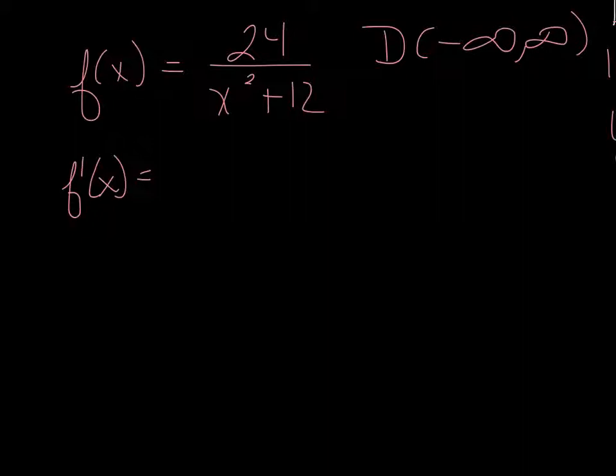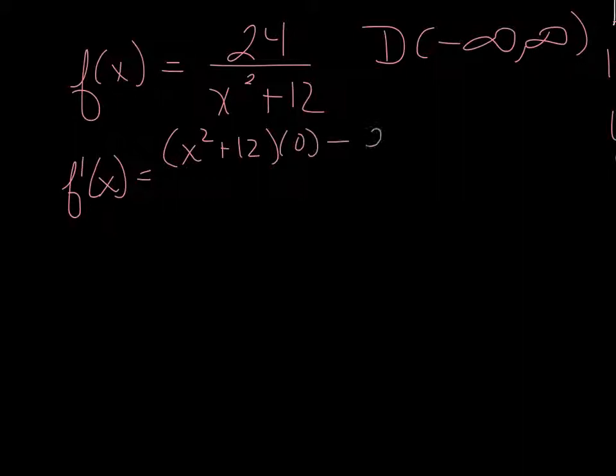All right, so we're going to take the derivative. Denominator times, well, actually, if you wanted to, we could write this as 24 times x squared plus 12 to the negative 1. We can do the quotient rule, which is harder, but that's okay. What's the derivative of 24? 0.